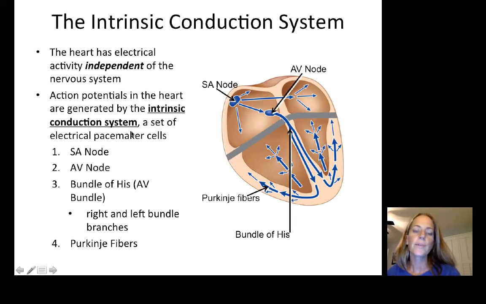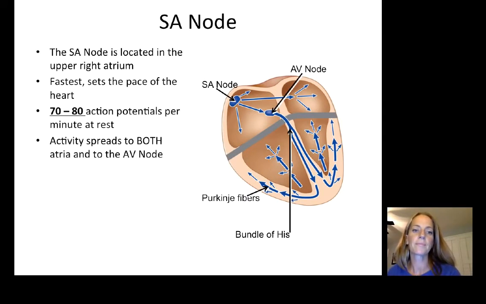So let's go through these one by one. We'll start with the SA node. The SA node is located in the upper right chamber of the heart, which is the upper right atrium. This is the fastest of all of the intrinsic conduction system groups of cells.